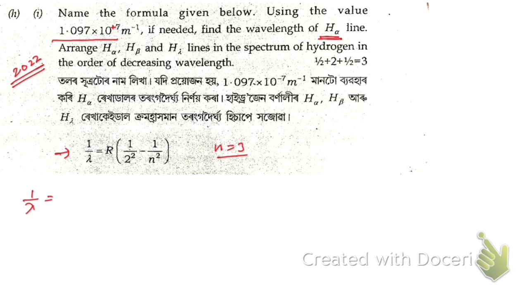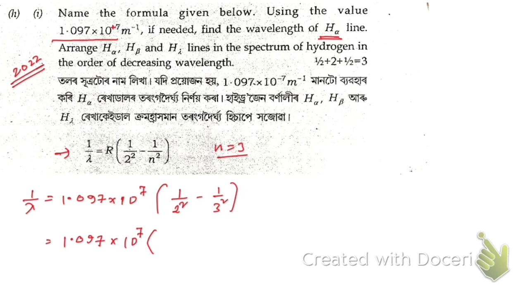Okay, so let's find the values. 1 by lambda, let me put the Rydberg constant 1.097 into 10 to the power 7, and 1 by 2 square minus 1 by n square. Here, instead of n square, we're going to put 3 square. Okay, so now let me calculate these values. 1 by 2 square means 1 by 4, that's going to be 0.25, right?